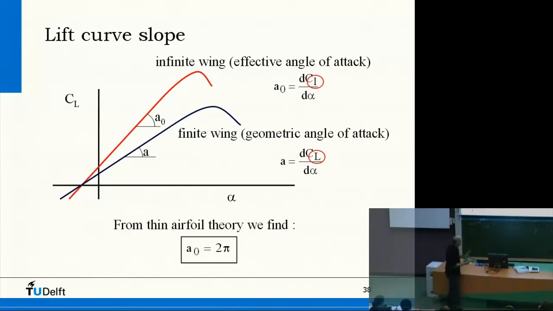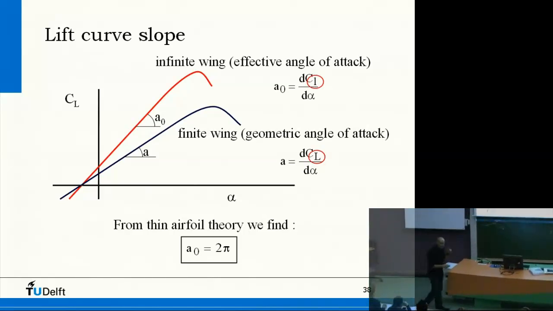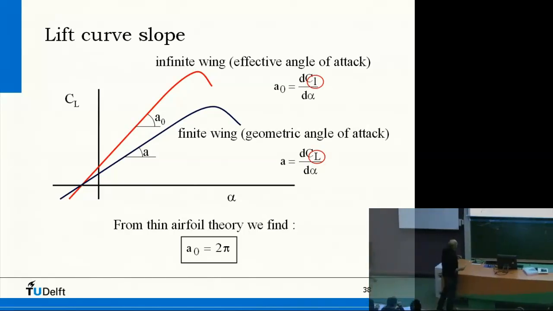Now, from thin airfoil theory, we find that a0 for a very thin airfoil is 2 pi, radians, right? Radians, 2 pi. So this is this a0 also for airfoil thicknesses that deviate a little bit from thin airfoils.